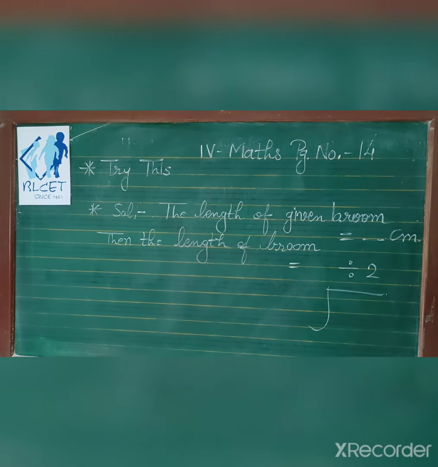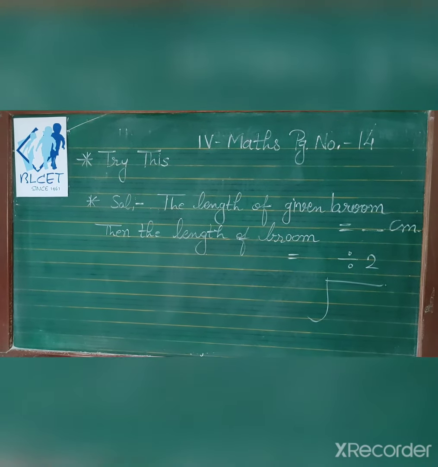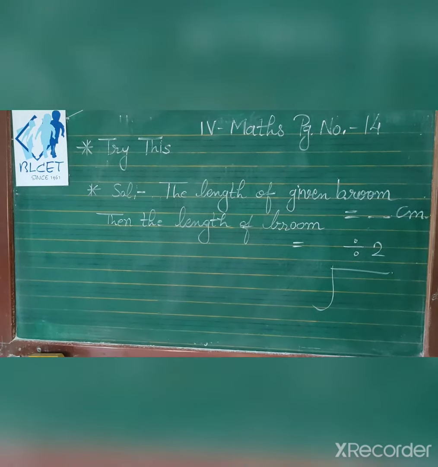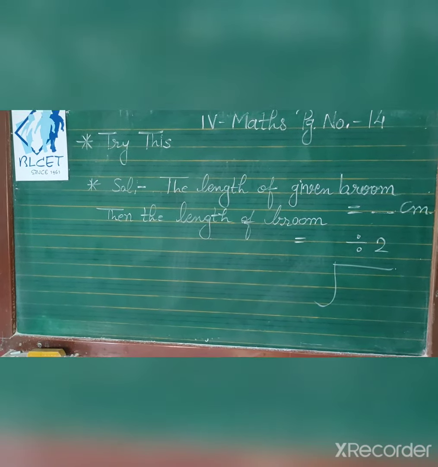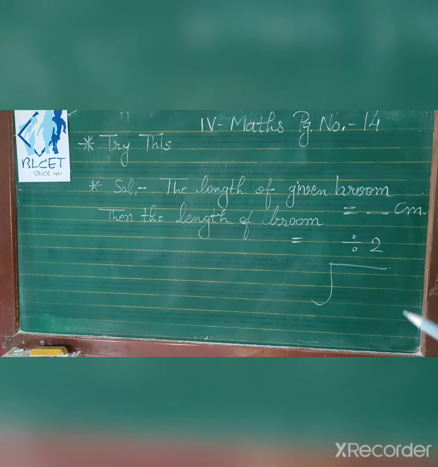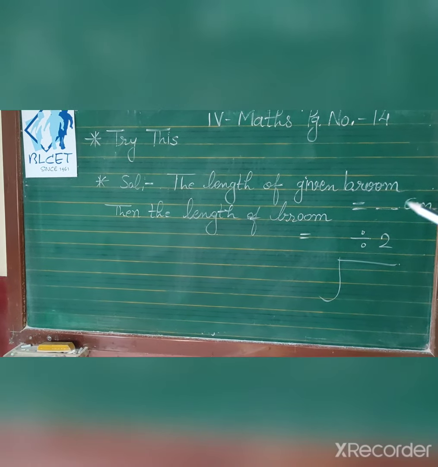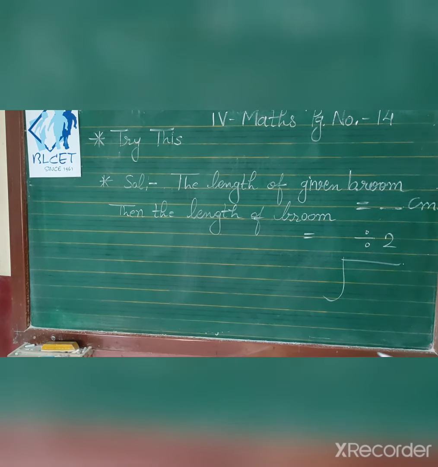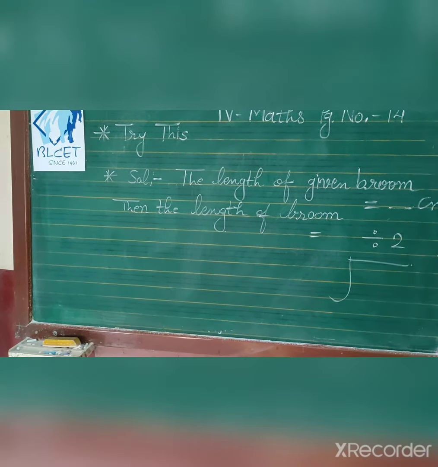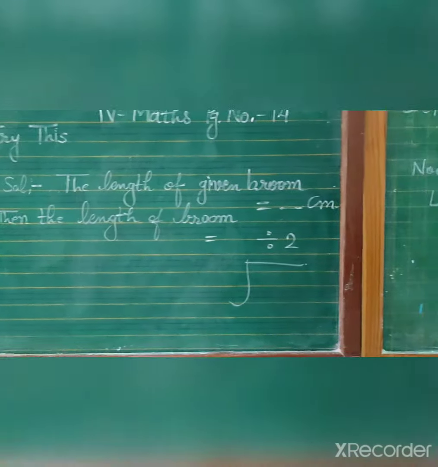First you will draw the actual image of the broom, or Xerox, whatever you want, you can paste or draw, and then you will draw the new broom. After dividing by 2, whatever answer you get, that much length you will take and draw the broom. In this way you will do all the sums.